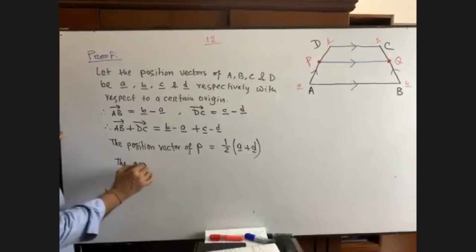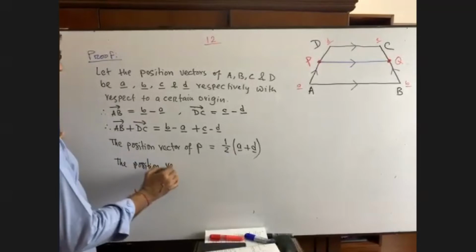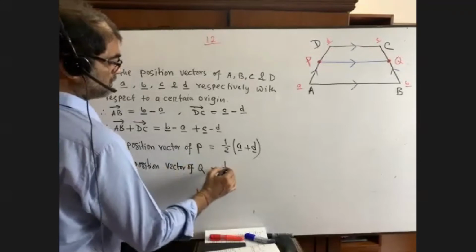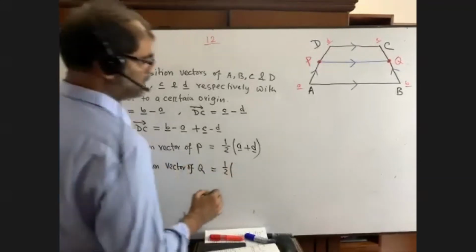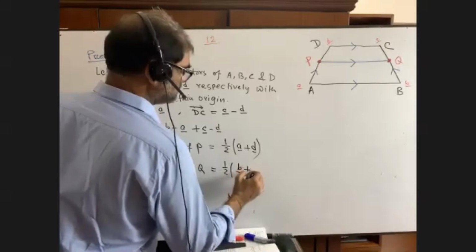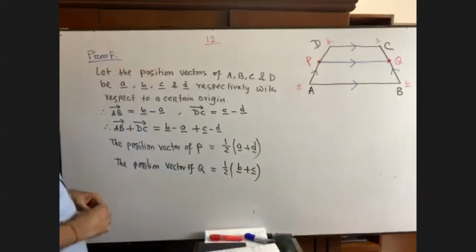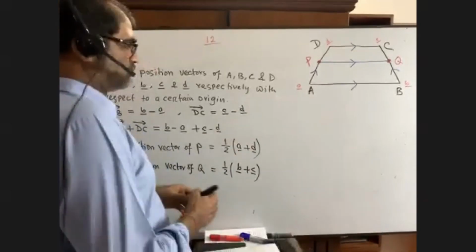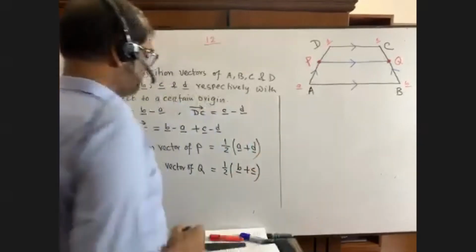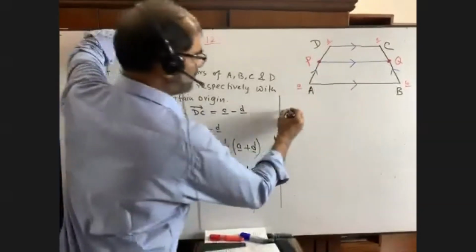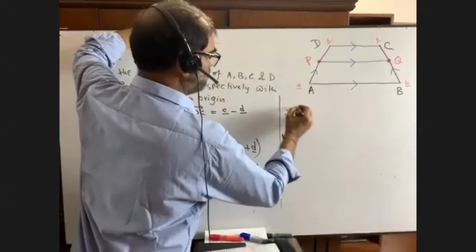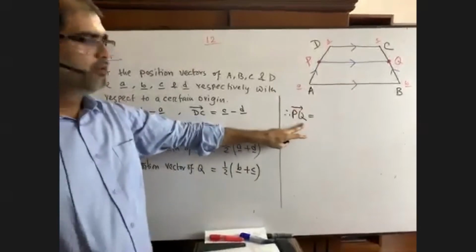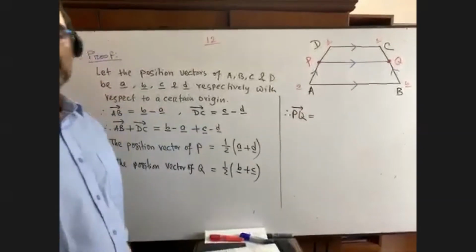Position vector of Q equals half of B plus C, right? Very good. After that, we can write down PQ. PQ means position vector of Q minus position vector of P, right? Yes, sir.